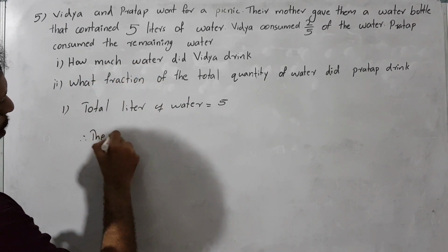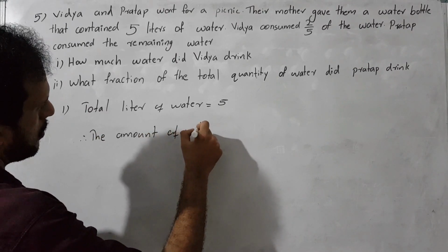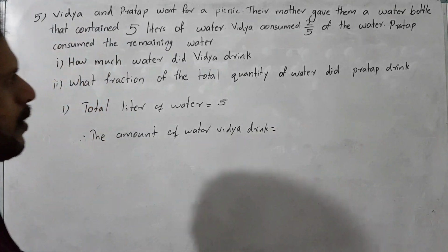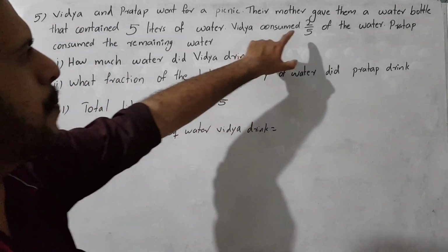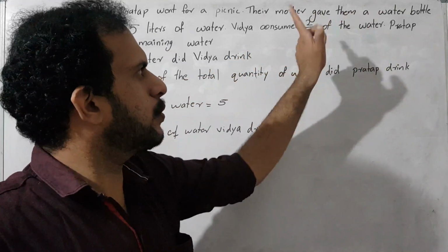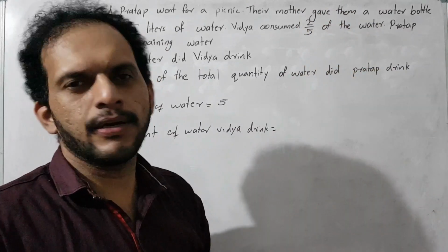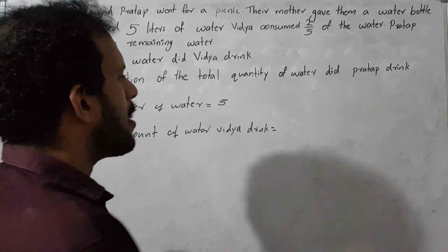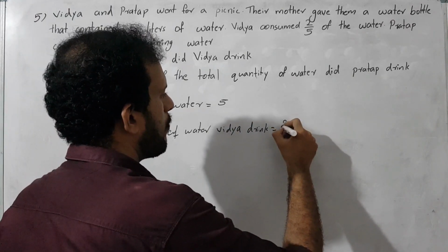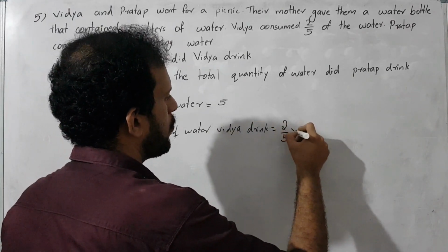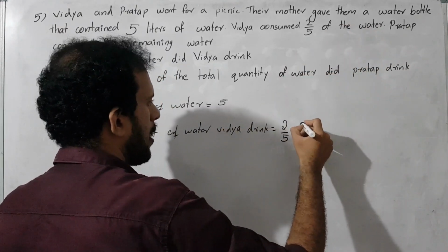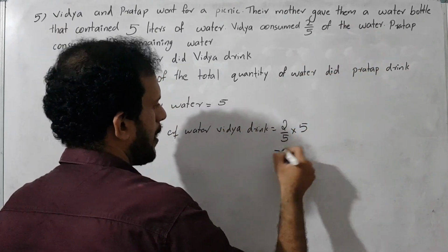Therefore, the amount of water Vidya drank is equal to 2/5 of the total liters of water. What is the total liters of water? 5. That is 2/5 of. 2/5 of means 2/5 into 5, the total liters of water.